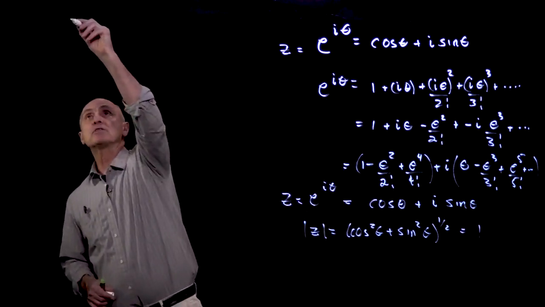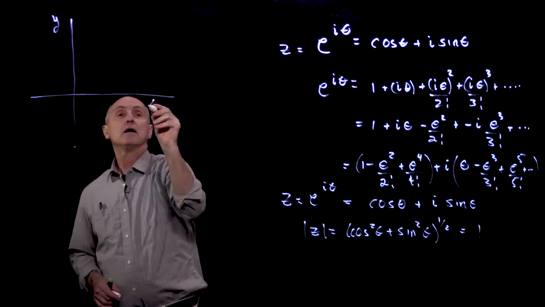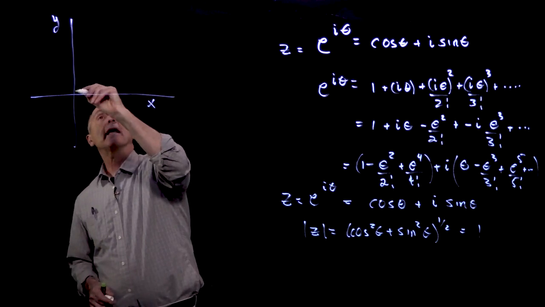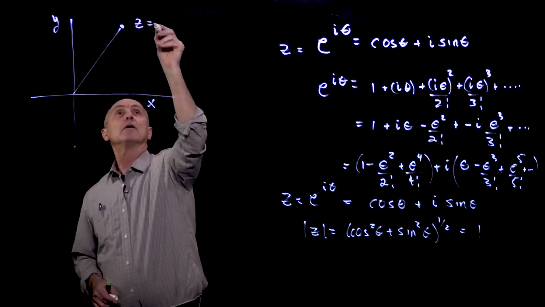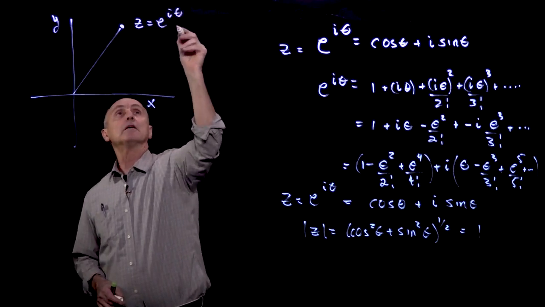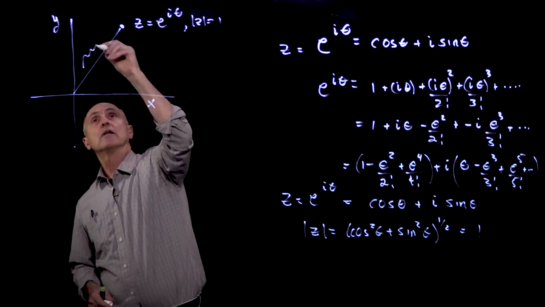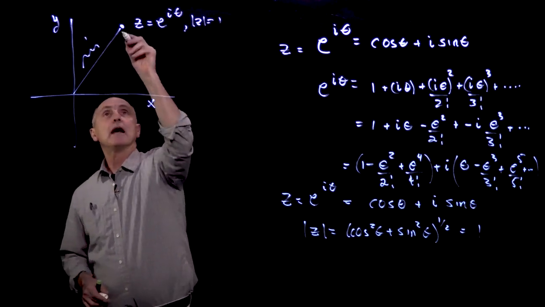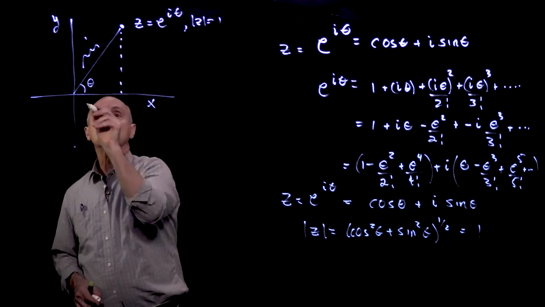And if I wanted to represent that on the plane, we have y, x, and now we have z here, e to the i theta, length 1. So this is length 1. And here, our angle theta.